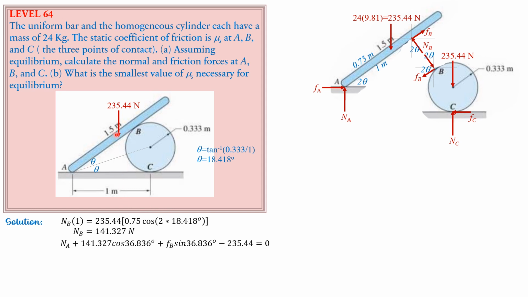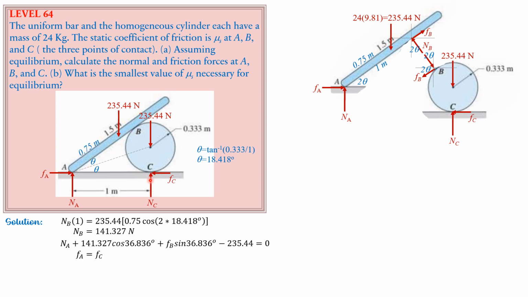So let's have the free body diagram here. 235.44 whole system, 235.44. Then we have NA, then friction, which is to the right, then N sub C, friction, which is to the left. So that means, considering the whole system, FA equals F sub C, summation of forces horizontal.